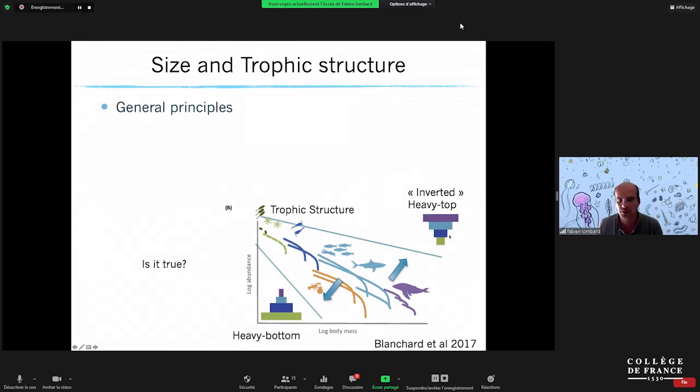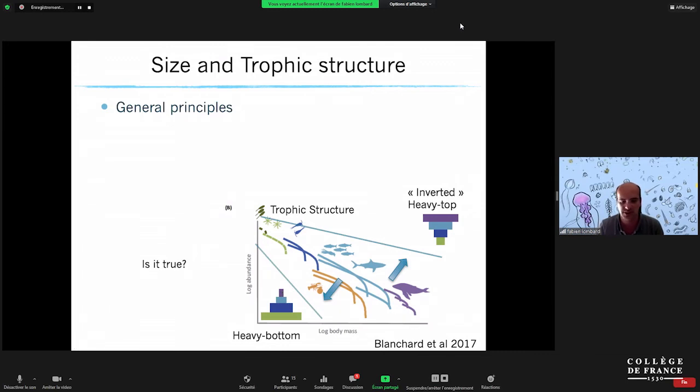And all that is supposed to be related to the trophic structure of the ecosystem. If we have something pretty flat like that in terms of biomass, we should expect something which could approach inverted trophic pyramids. But when we have something very steep like that, then we have a lot of phytoplankton, then very few herbivores, and of course a very low amount of carnivores.